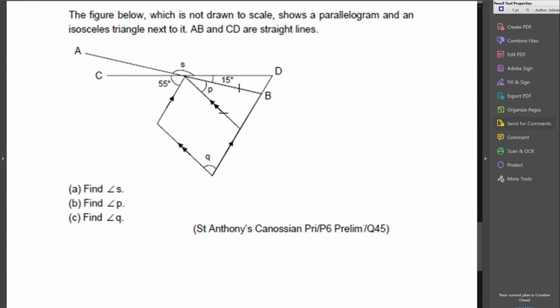Hello everyone, mic test. Mic test, mic test.